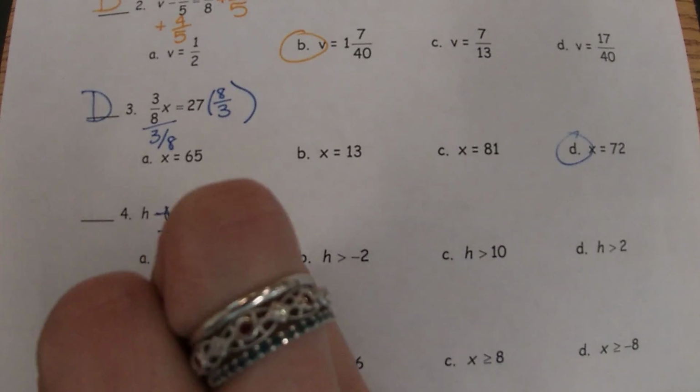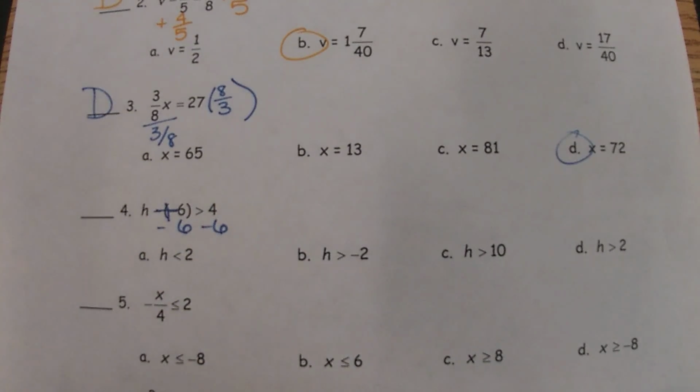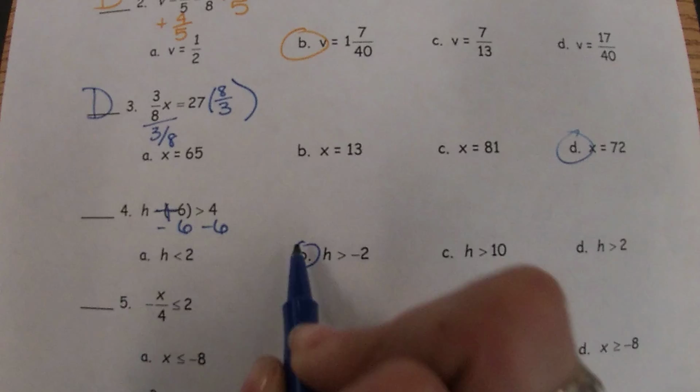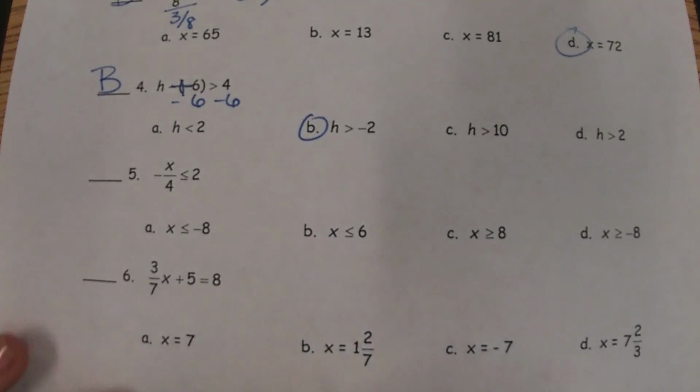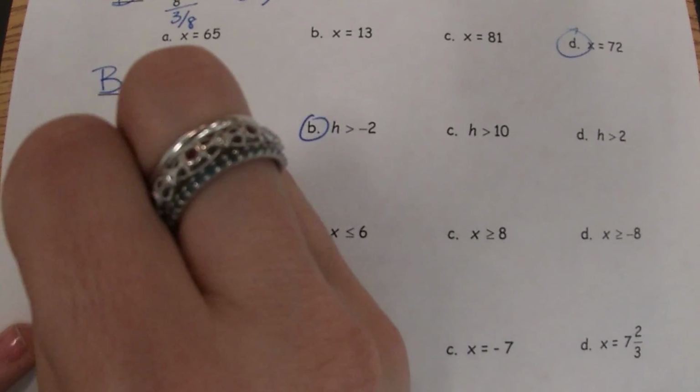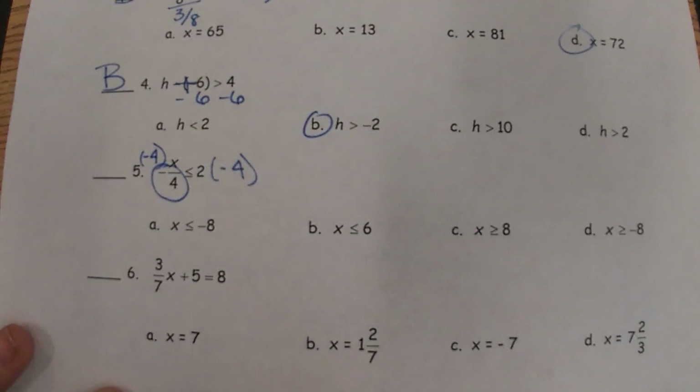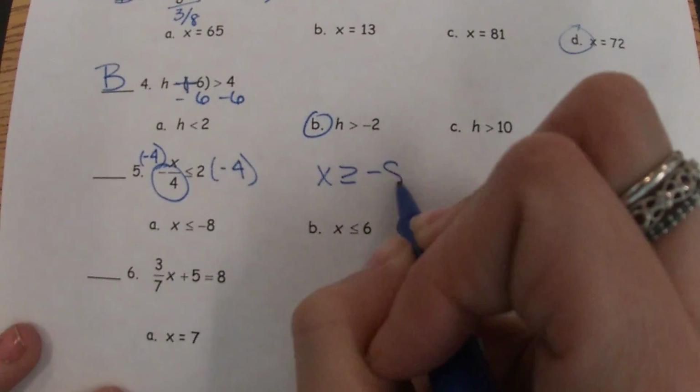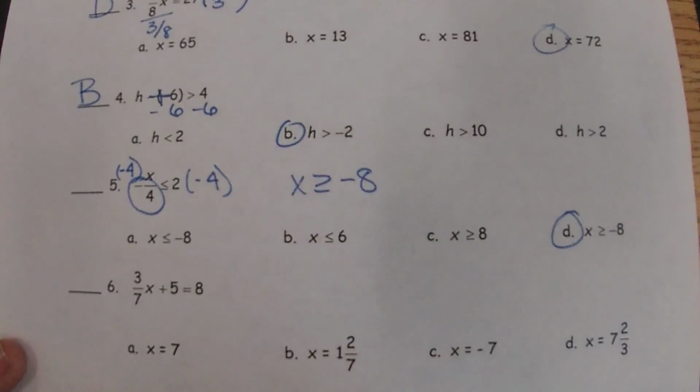2 negatives make a positive. So I have H, that's not a reason to flip the sign, so H is greater than -2. Here I'm going to multiply by -4. I'm going to go ahead and take that negative with it. That is a reason to flip the sign, so be very careful with your signs on this one.